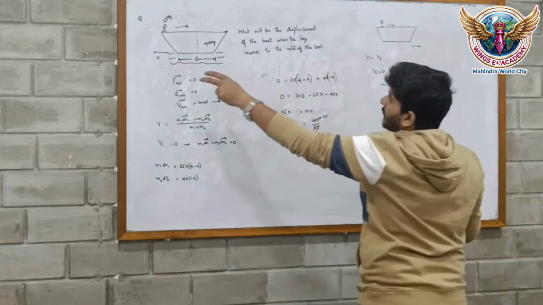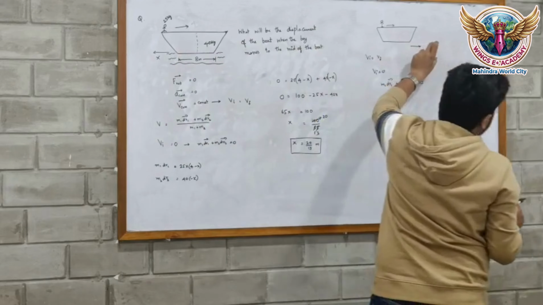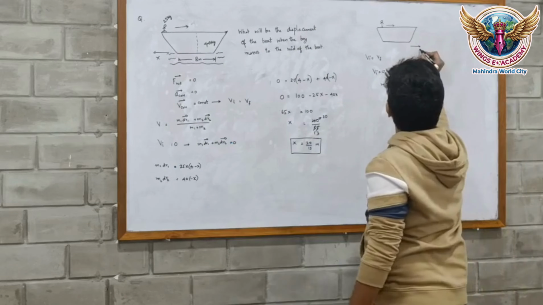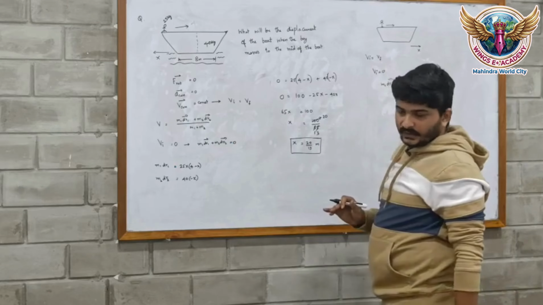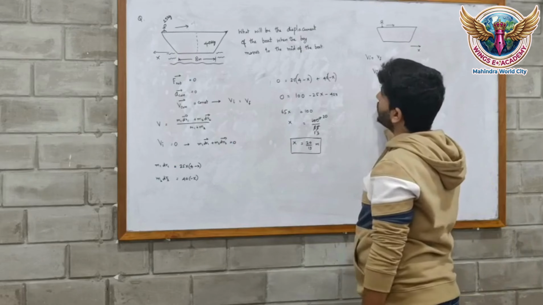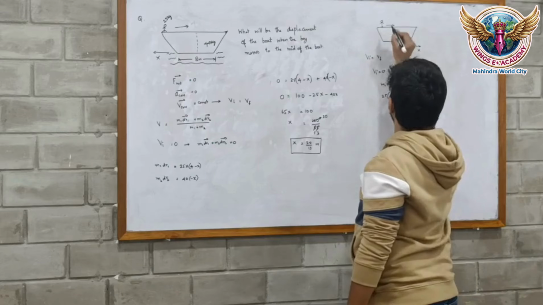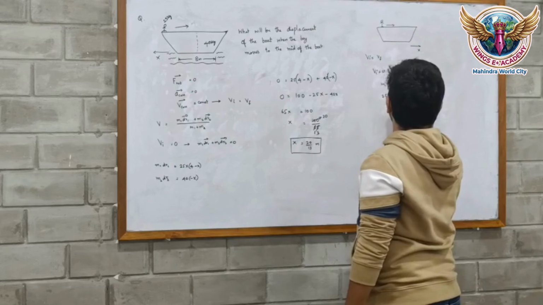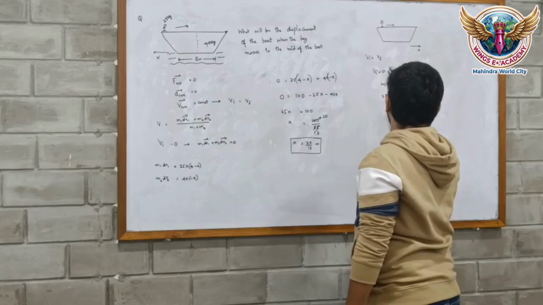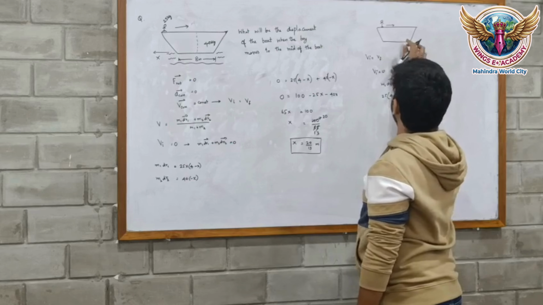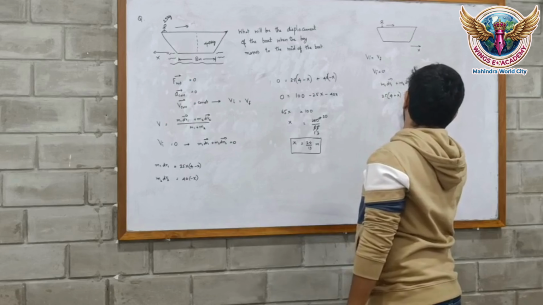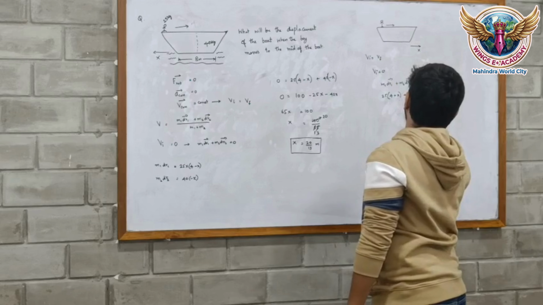Same question. What I have done is that I just changed the direction. I am considering that it is moving in this direction, x. Then what will I write? m1 is 25 into 4. Both are in the same direction, so I will put plus x. Now m2 is 40, and x is in the same positive direction.